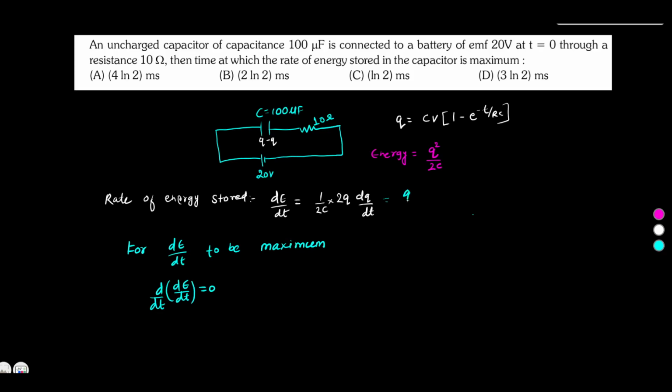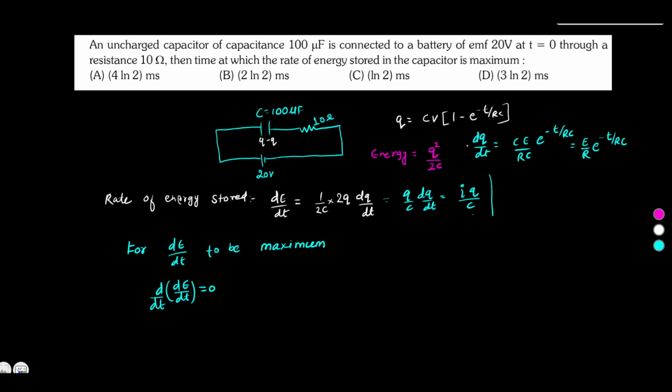This becomes Q by C times dQ by dt. dQ by dt is nothing but I, so Q by C times I. And dQ by dt is CE times e raised to the power minus t by RC, divided by RC. So this is E by R e raised to the power minus t by RC. So this is I.